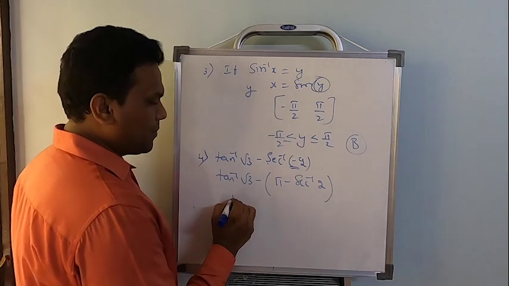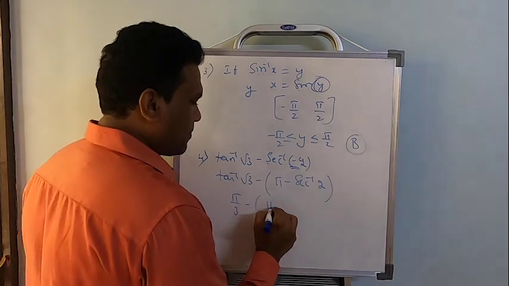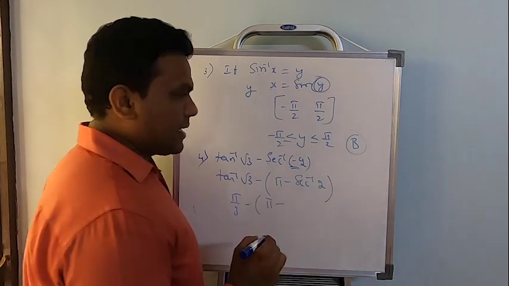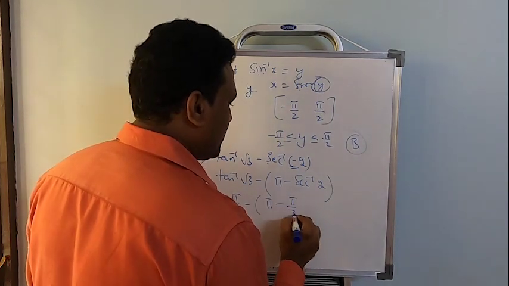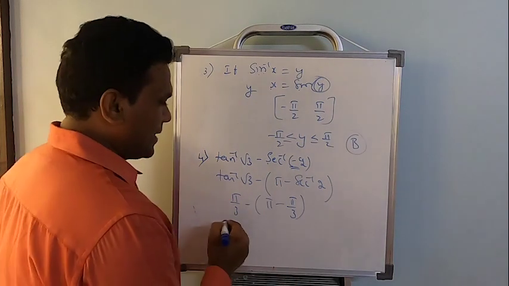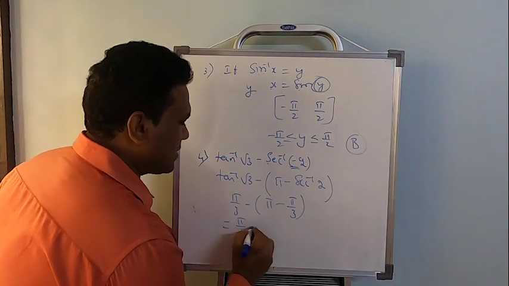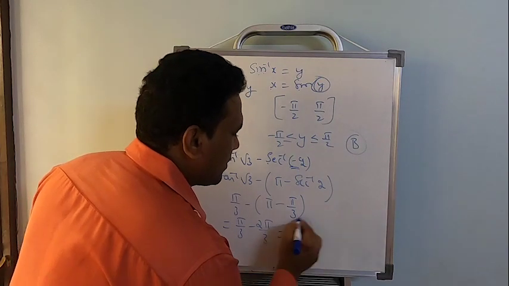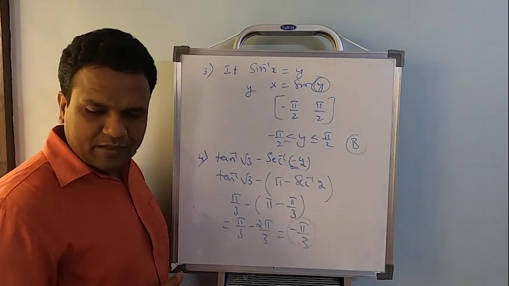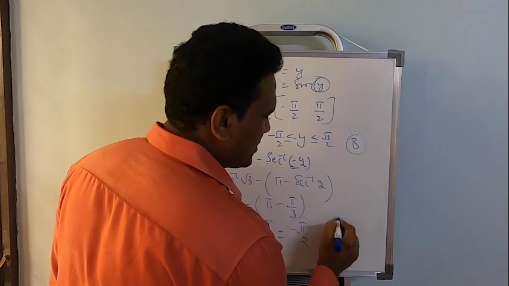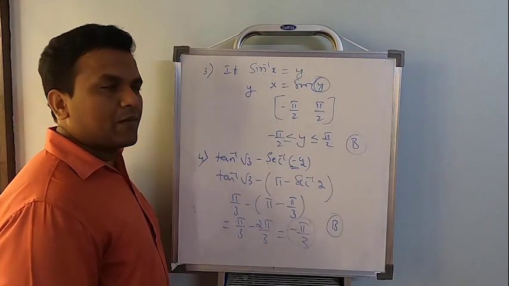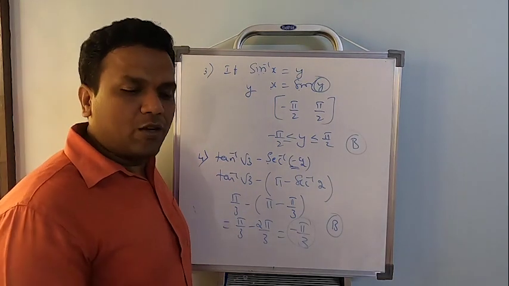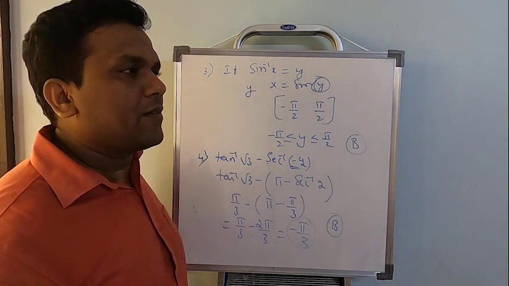So tan inverse root 3 is pi by 3, minus pi minus secant inverse 2, which is nothing but pi by 3. Let us simplify it further: pi by 3 minus 2 pi by 3. On simplifying, we get minus pi by 3, and minus pi by 3 is present in option B. Right.